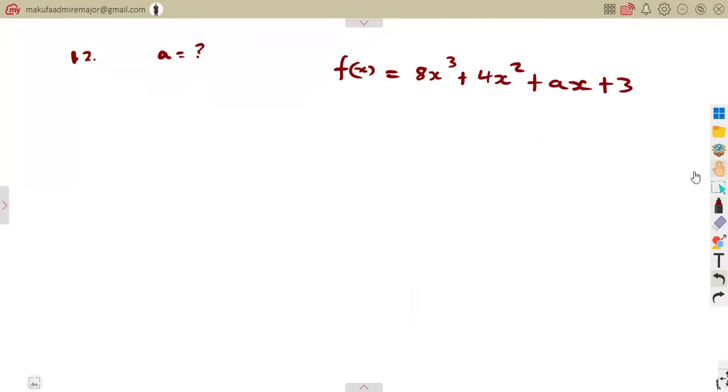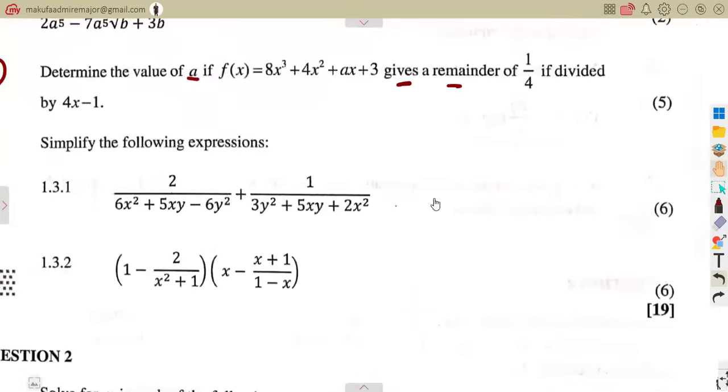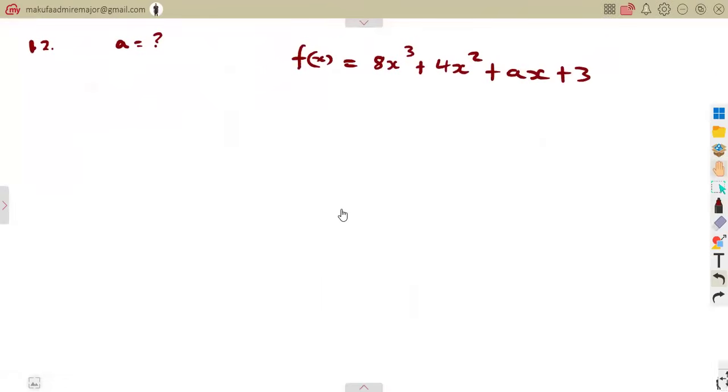And we are told that it gives a remainder, if divided by 4x minus 1. We are given the remainder in this case, which is 1 over 4, when this is being divided by 4x minus 1.